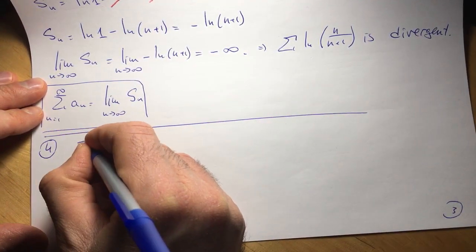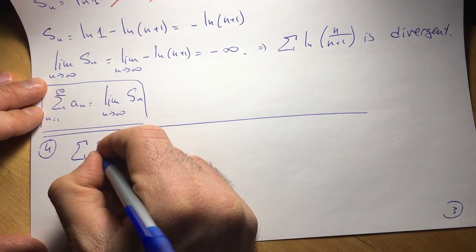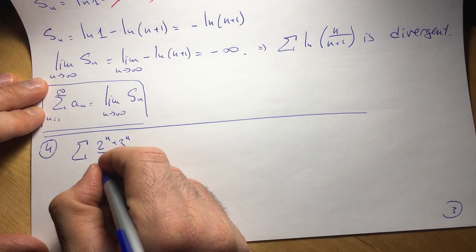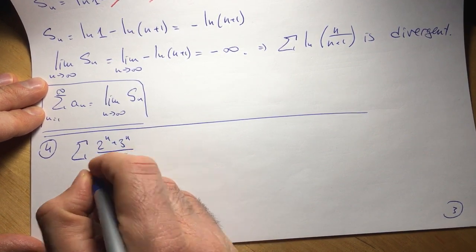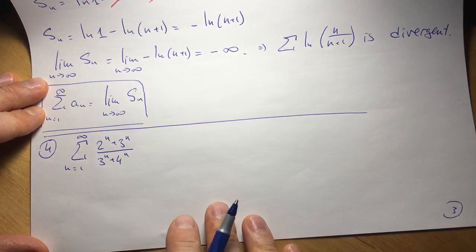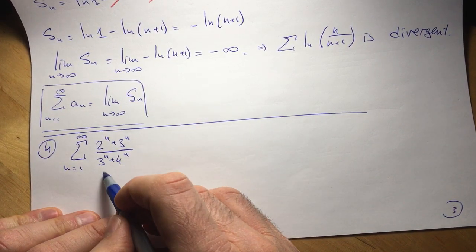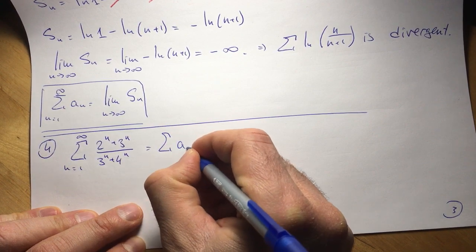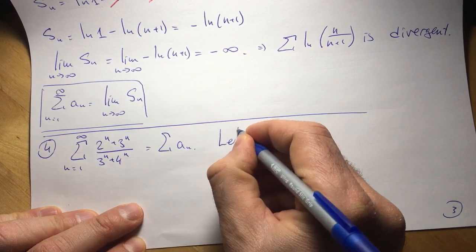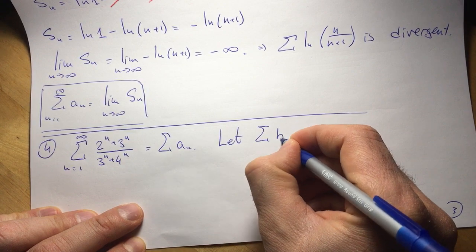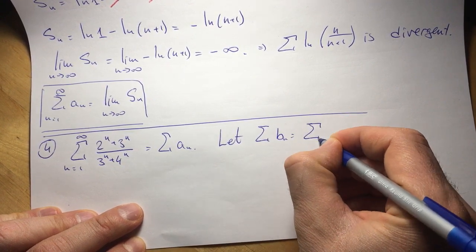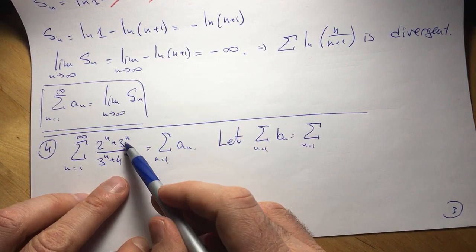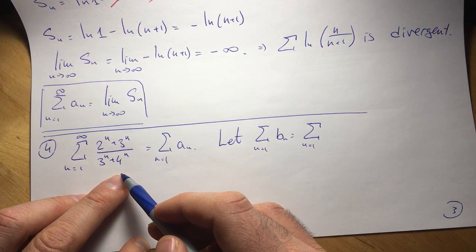Problem number 4. Sum of 2 to the power of n plus 3 to the power of n over 3 to the power of n plus 4 to the power of n, n goes from 1 to infinity. Again, you can split this into two different series, or compare it to the highest term in the numerator and the highest term in the denominator.